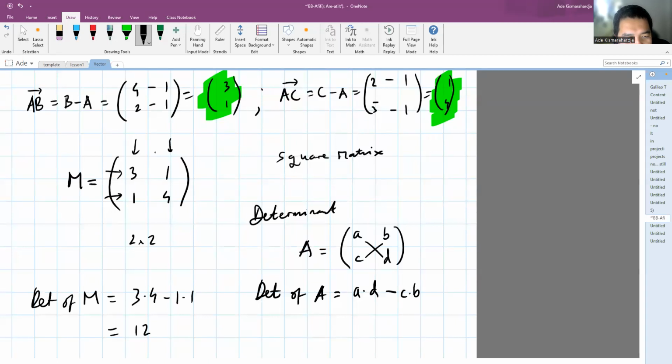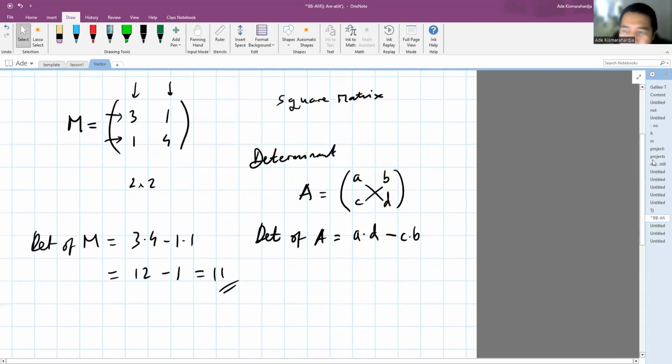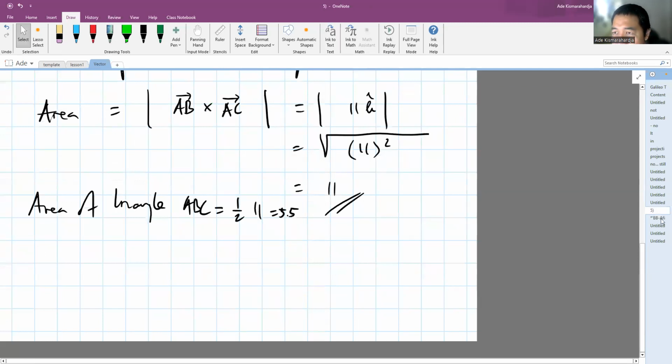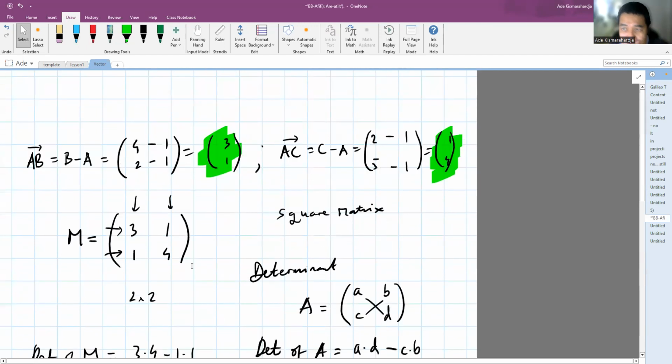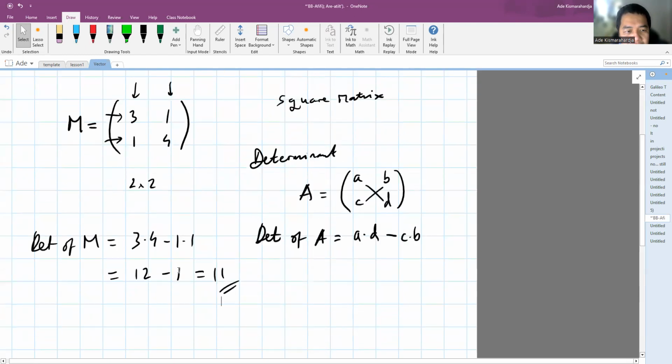And now you remember what we just got previously, where when we calculated the area of the parallelogram, we also got that number, which is 11. So this is actually another way to calculate the area of a parallelogram. In this case, if you have some points on the XY plane, you can get some vectors from them and then put them in a matrix like this, and then calculate the determinant.